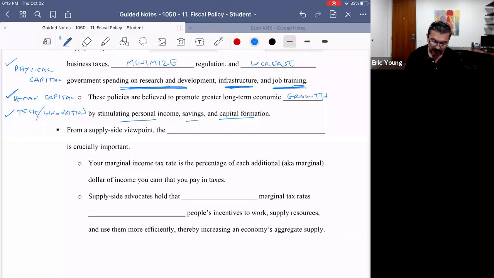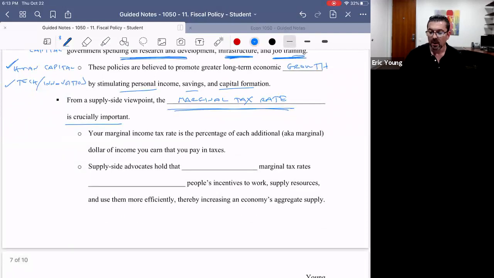From the supply side lens, one crucially important variable is the marginal tax rate. This is how supply side ties into fiscal policy, because fiscal policy is about tax rates. From a supply side viewpoint, the idea of the marginal tax rate is crucially important.